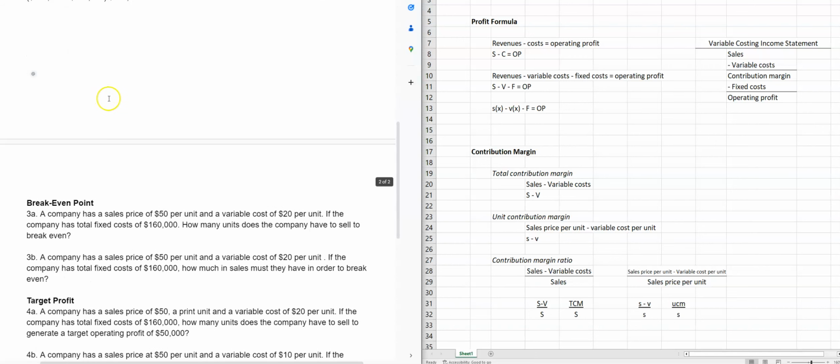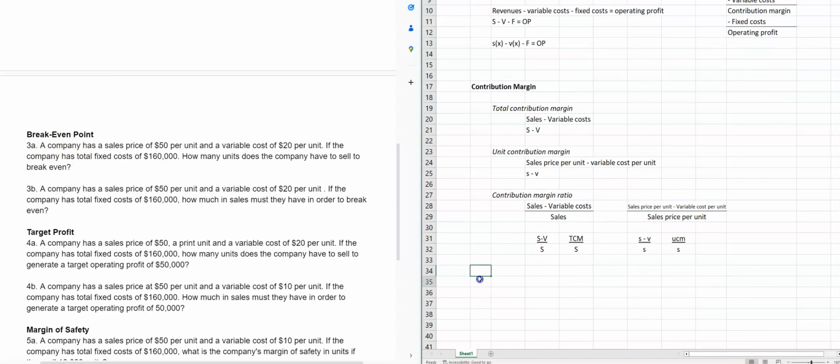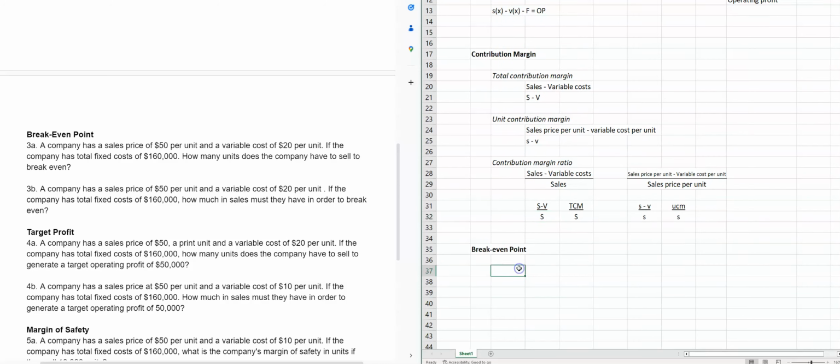All right, hopefully we feel very comfortable with contribution margin now. Let's move on to break-even point. So there's two ways to really tackle break-even point. The first one is by using a formula. I'm going to focus on units first.